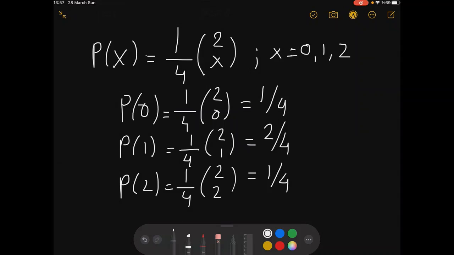Again, we will take a look at how we derive these formulas in further examples as well.